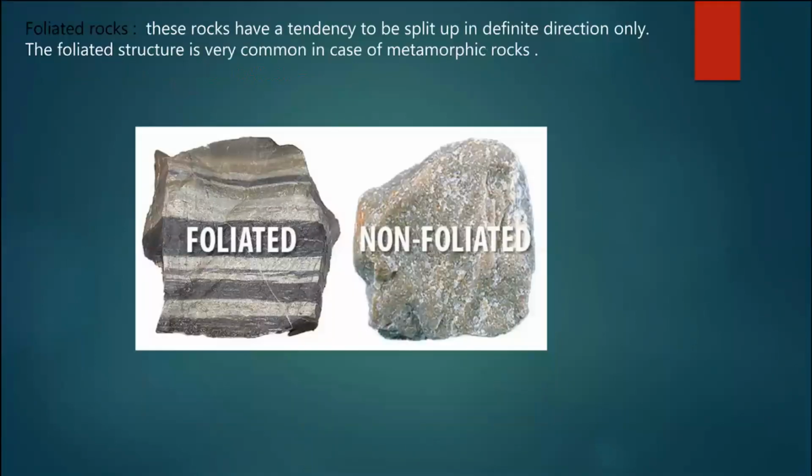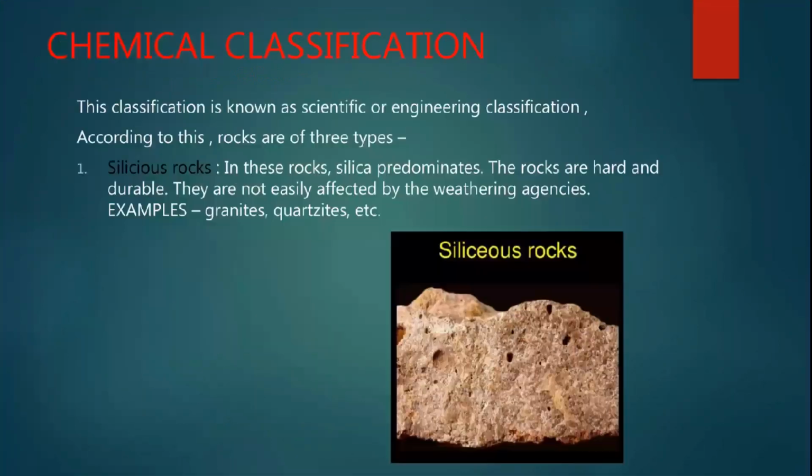Foliated rocks have the tendency to be split up in different directions only, so the foliated structure is very common in metamorphic rocks. This picture shows a foliated rock and a non-foliated rock. You can see the differences in the stripes in the rocks.